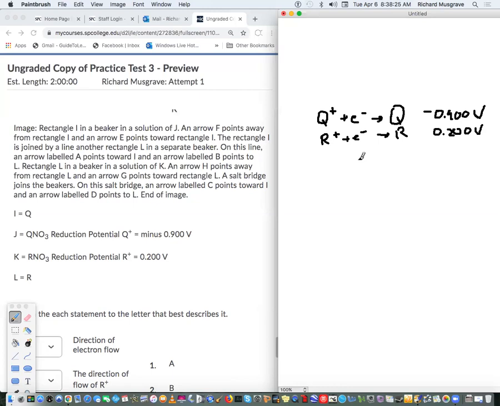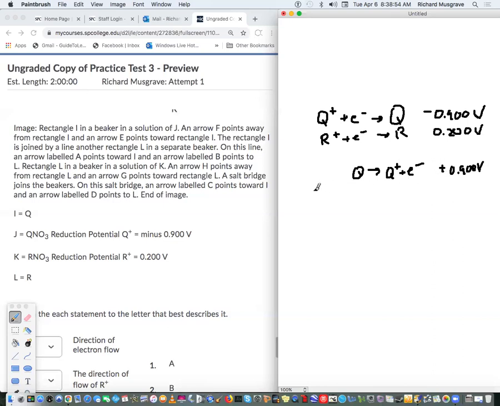And you always flip the smaller of the two. The smaller of the two here is going to be the minus 0.9, numerically smaller, whatever is the smallest value. So the one you flip is going to be the first one. So that becomes Q gives Q plus an electron, and that's going to be positive 0.900 volts.